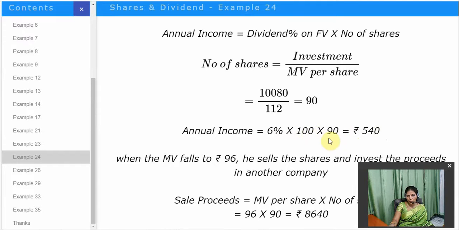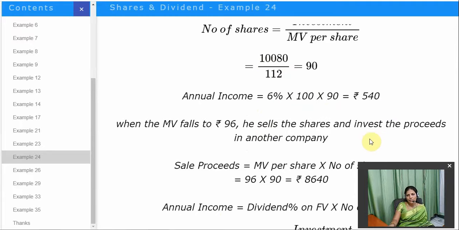Fine. Till this I hope you understood. Now he is investing 10,080 rupees, and how many shares is he buying? He is buying 90 shares, and his annual income is 540. Right. Till this it is clear.